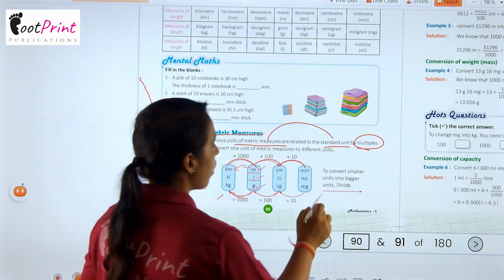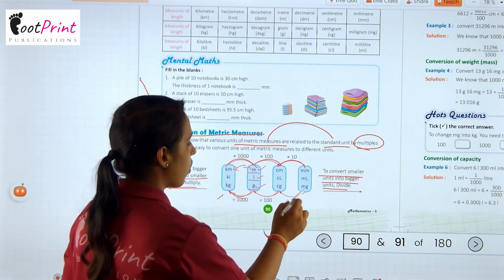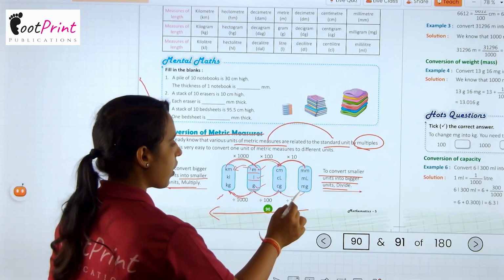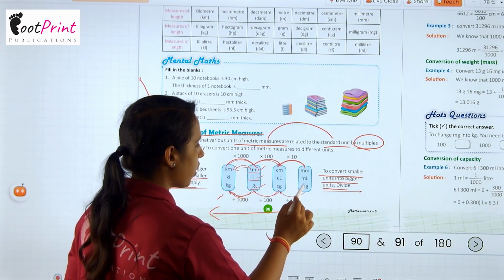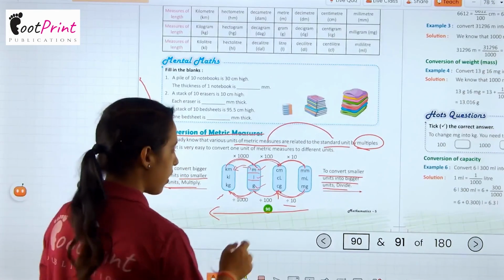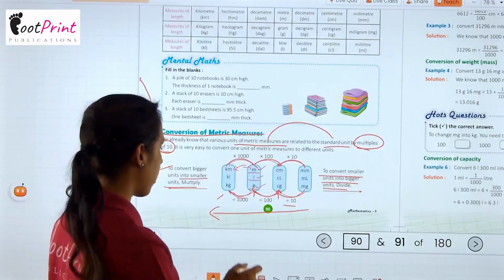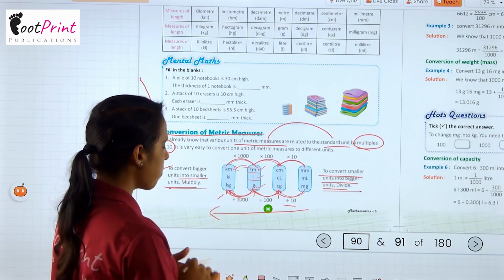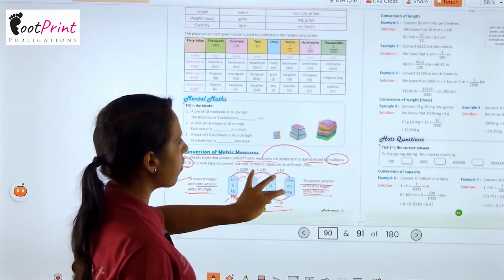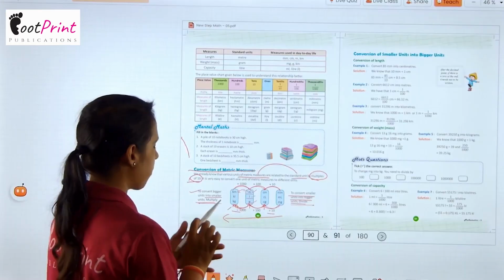In the same way, to convert smaller units into bigger units, we divide. If we want to convert milligram to kilogram, we divide by the appropriate multiple of 10, and in this manner we can convert metric measures of the given unit.